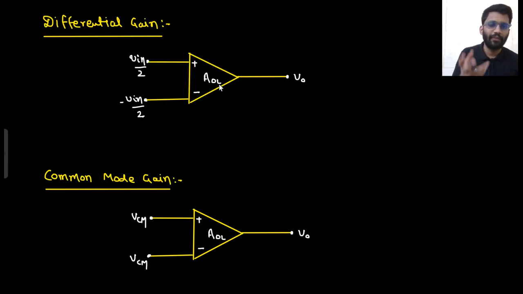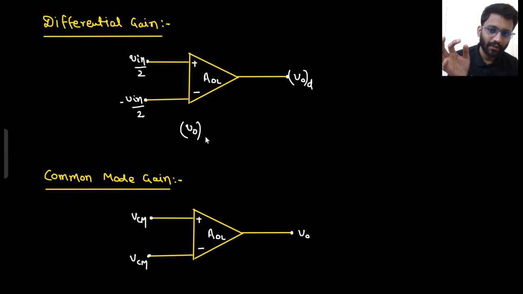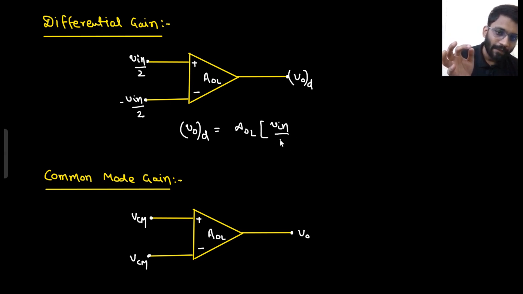So let's see differential gain. For differential gain, you will apply Vin by 2 and minus Vin by 2 and you will get some output. I will call it V naught D, the differential output. V naught D would be AOL into Vin by 2 minus of minus Vin by 2, so plus Vin by 2. So AOL into Vin.